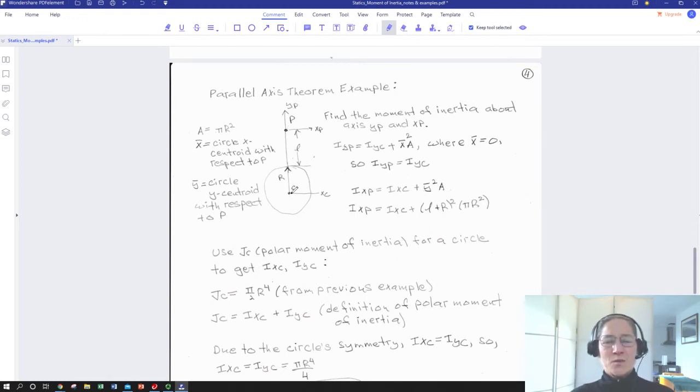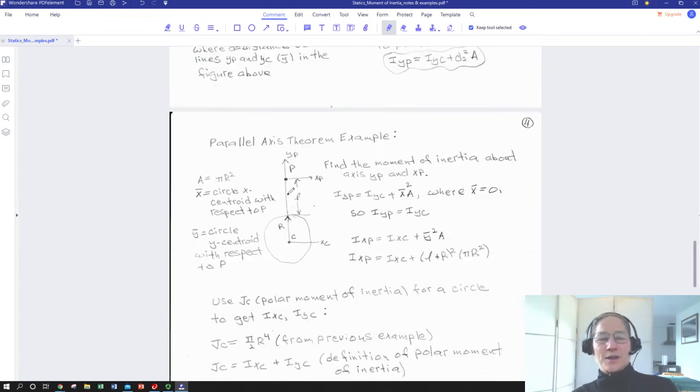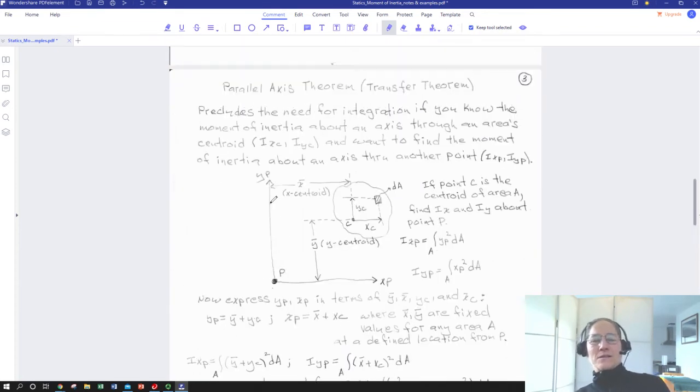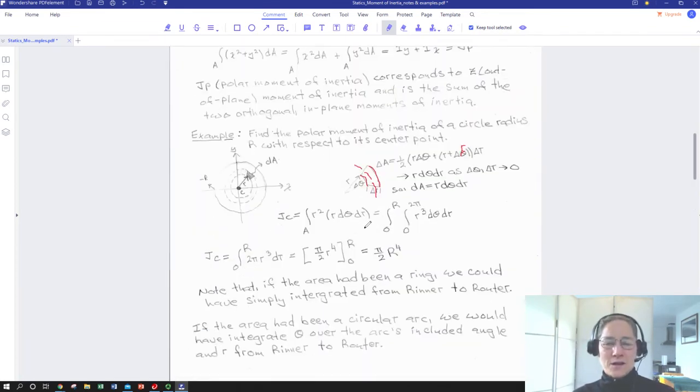And the nice thing is we've already defined the polar moment of inertia for a circle, and we know that a circle is symmetric, so we can go back to our scrolling back here.